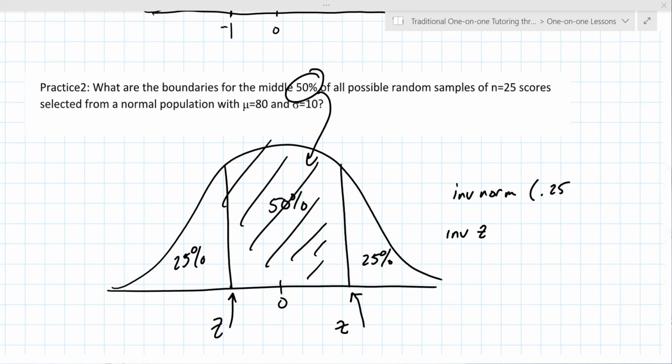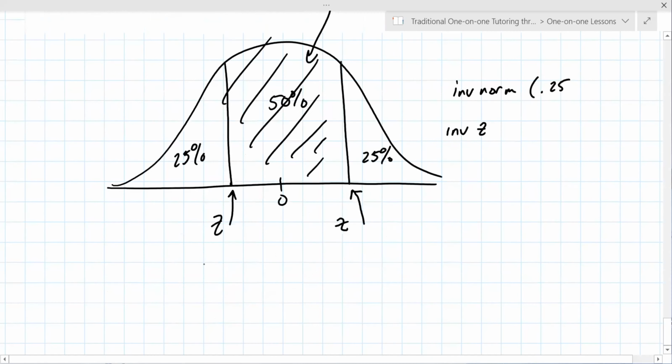I do have a table, but I don't know how to do it on the calculator. I kind of want to learn that. Okay, so do you have your TI whatever? Yes. Okay.